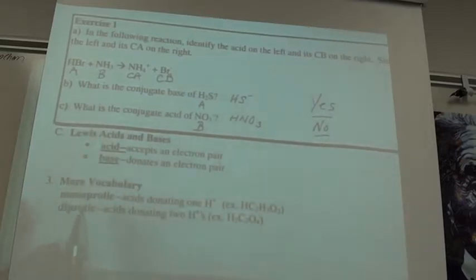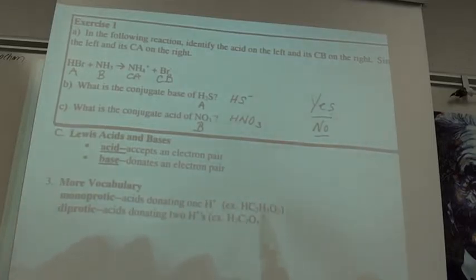Okay, here's some more vocabulary. Something that is monoprotic is an acid that is capable of donating just one proton. If you look at this, this is acetic acid. It's made of the hydrogen ion and the acetate ion. You cannot break up a polyatomic ion to donate the hydrogen ion.